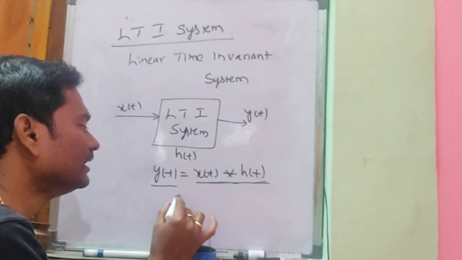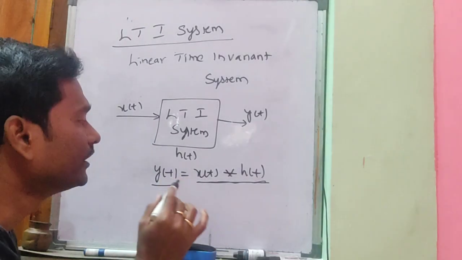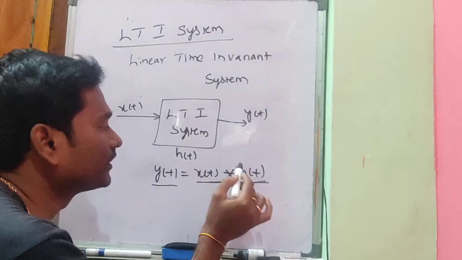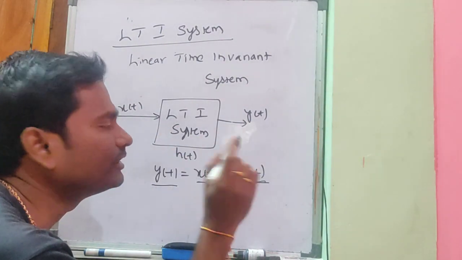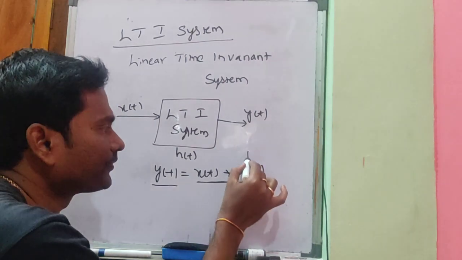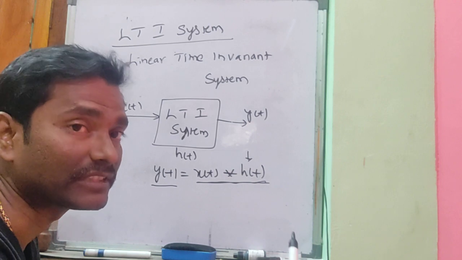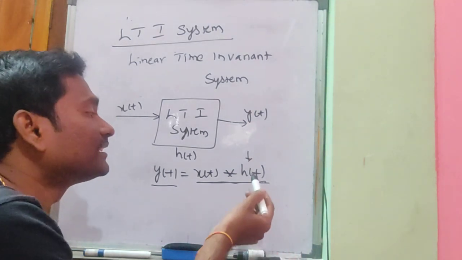This convolution is very, very important. If you want to find the output of the system, the only thing I need to know is the impulse response: what response the system gives when the input signal is the impulse signal.